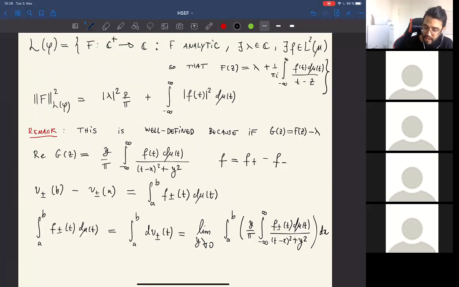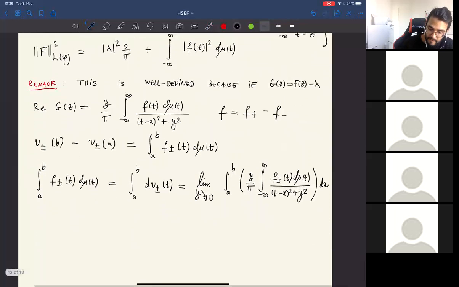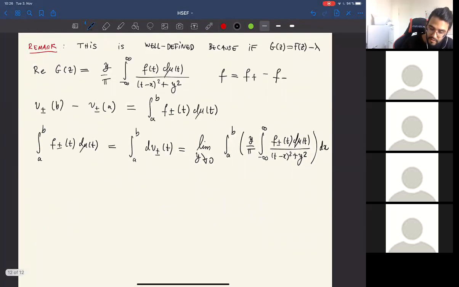Okay, and this holds whenever a and b are points of continuity of nu plus or nu minus. So a and b are continuity points of, let's say, both plus or minus, because we know that the discontinuities of nu plus or nu minus are countable.